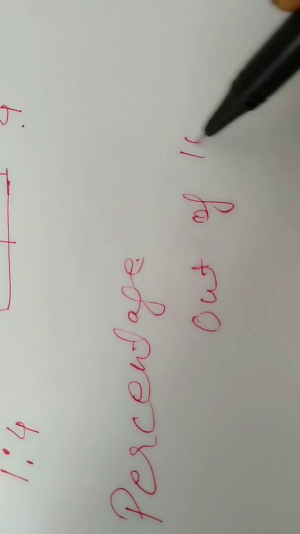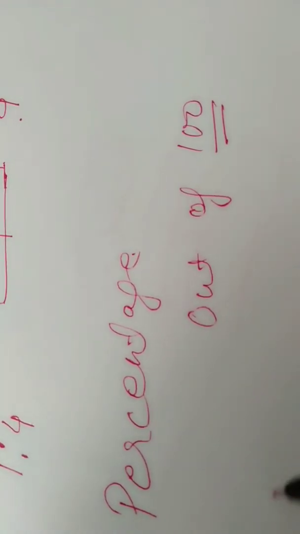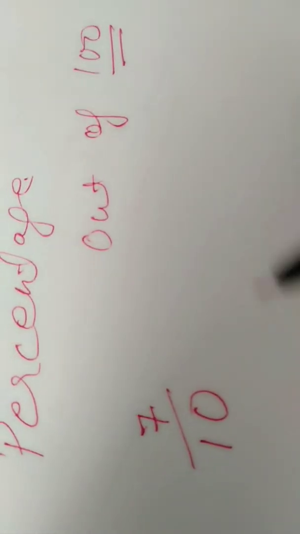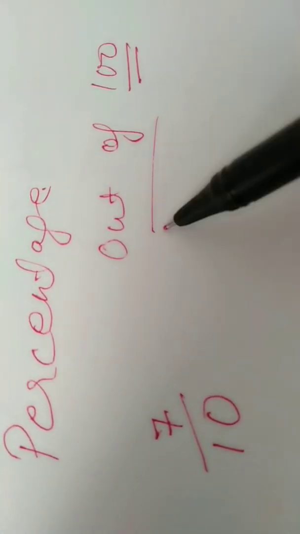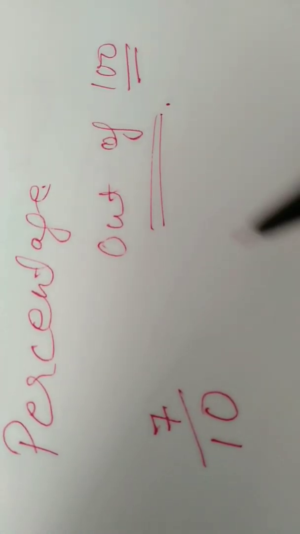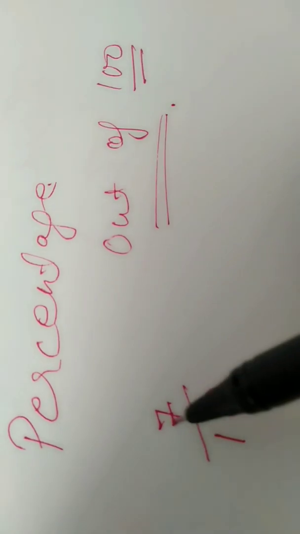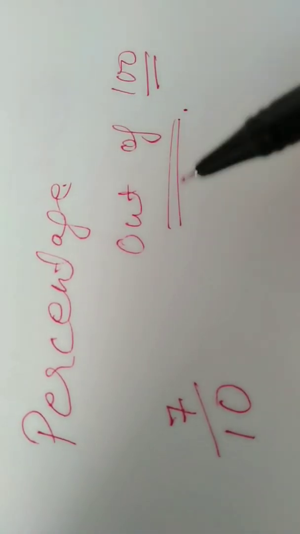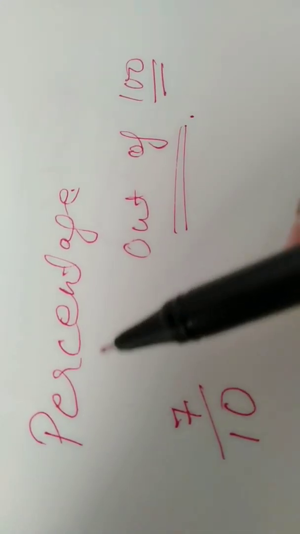Suppose you have got 7 marks out of 10. Then out of 100 how much have you got? तो आपको 100 में से कितना मिलेगा अगर आपको 10 में से 7 मिला है? And that is how we find out the percentage.